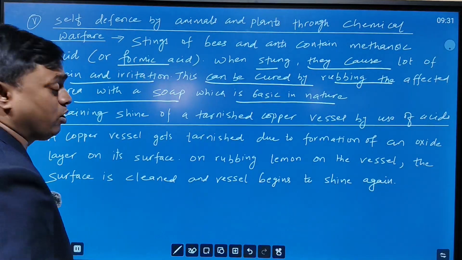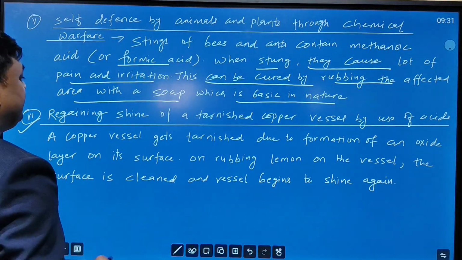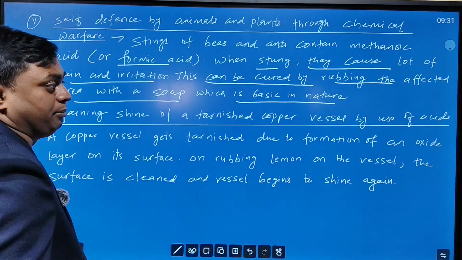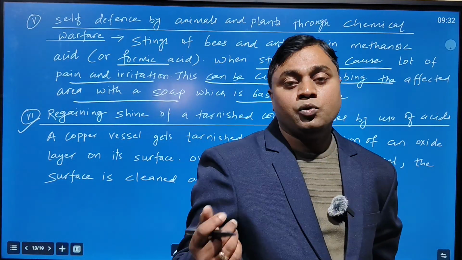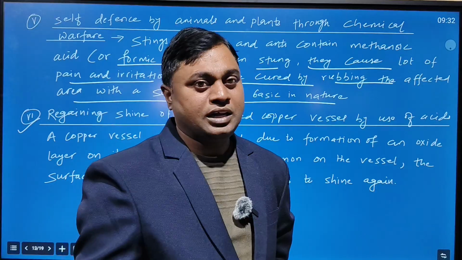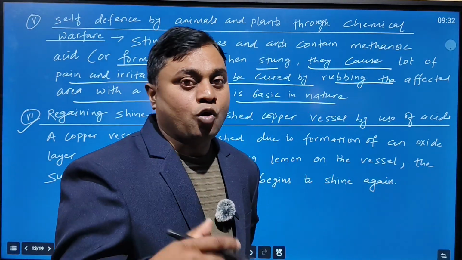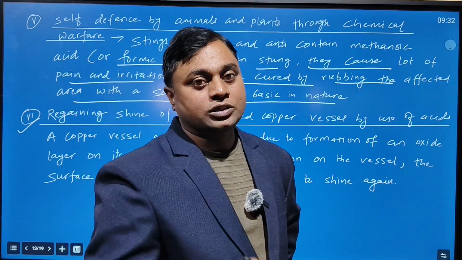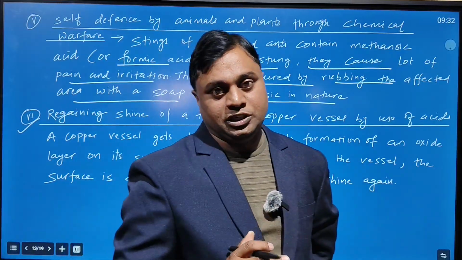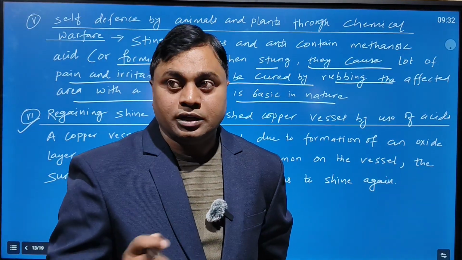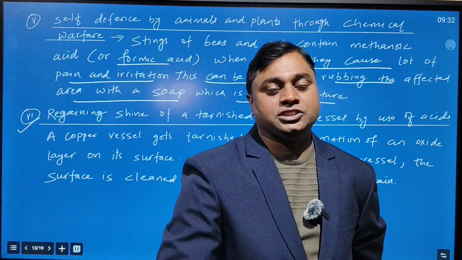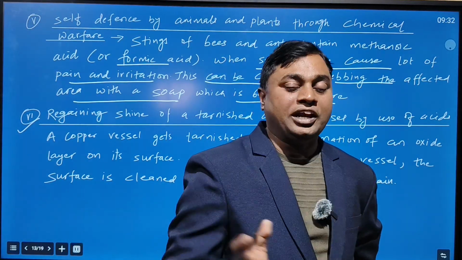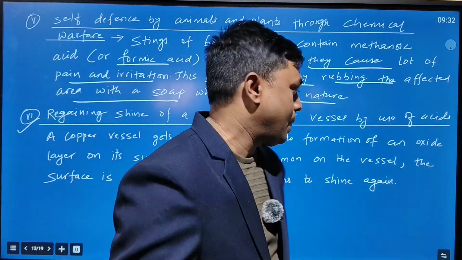It contains sodium hydroxide. Similarly, regaining shine of a tarnished copper vessel by use of acids. As you know, a copper vessel is tarnished into which color? Green color, or black color of copper oxide is also deposited. An oxide layer of copper is there on the copper vessel. So if you clean it with lemon juice, the tarnish will vanish and it will shine again.